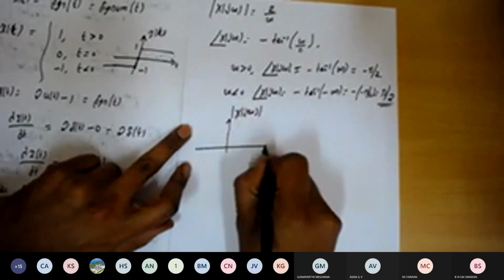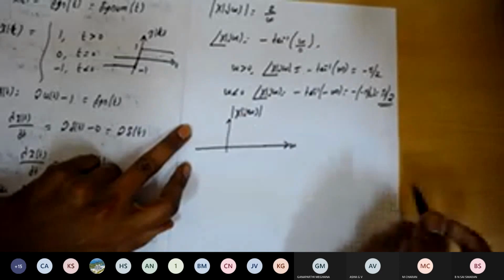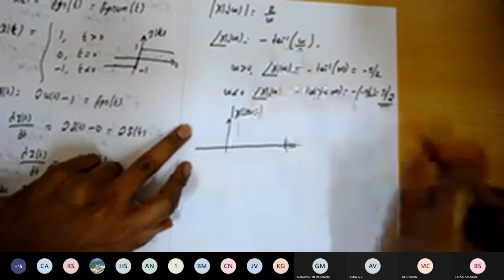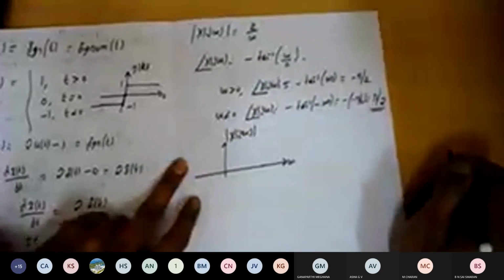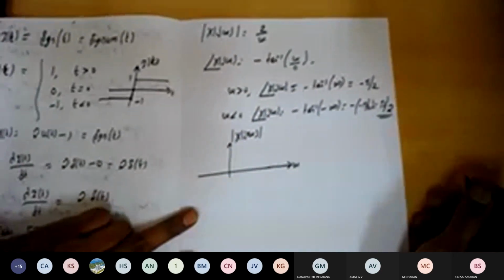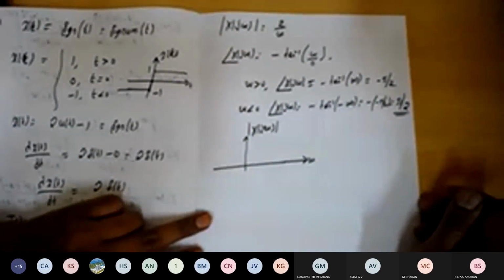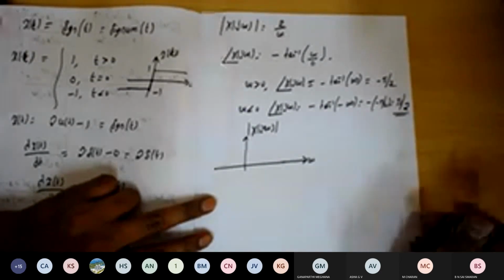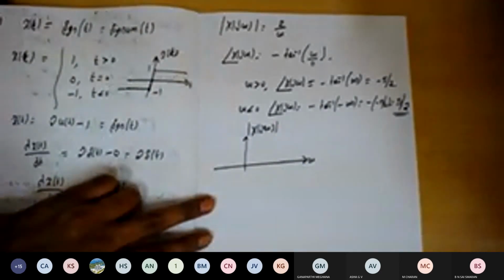Any doubts in finding the magnitude and the phase response?